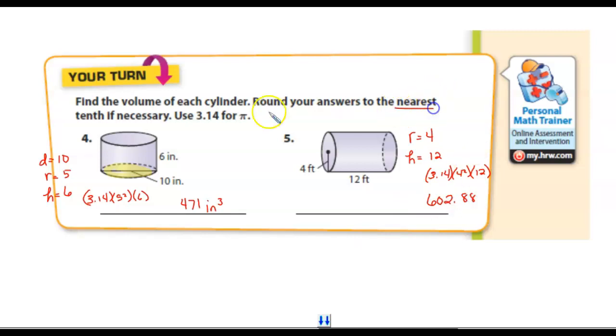It did tell us to round to the nearest tenth if necessary. So I'm going to look at this 8, and it's telling me to round up. So 602.9 cubic feet.